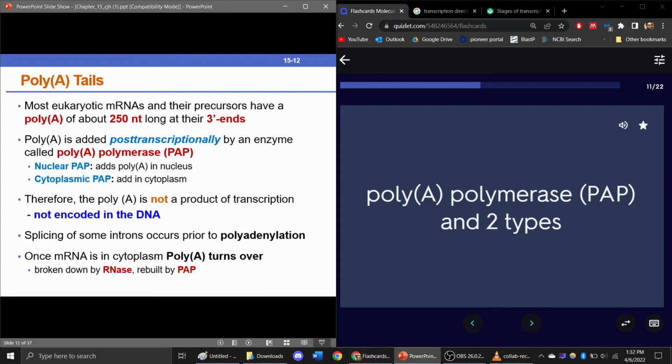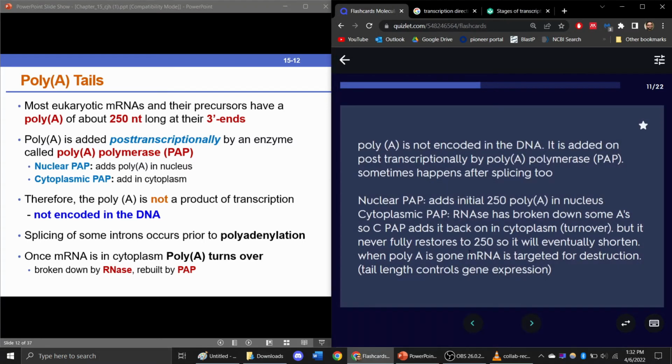It adds on poly-A, or PAP for short. And there are two types of PAP. So there is nuclear PAP, which is responsible for adding on your initial 250 nucleotides of A in the nucleus. And then there's cytoplasmic PAP.